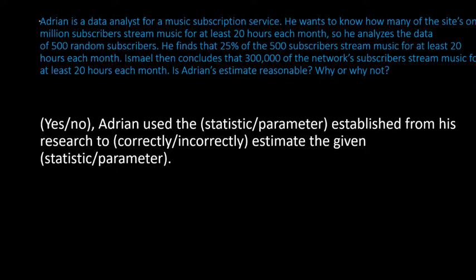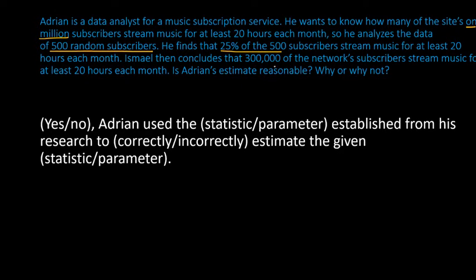So really, we just have this guy, Adrian, who wants to know something, right? And he wants to know about the subscribers streaming music for at least 20 hours a month. Important: he analyzes the data of 500 random subscribers, and it's important that there are 1 million total. So he's analyzing 500 random subscribers of 1 million total. 25% of the 500 stream music for at least 20 hours each month.